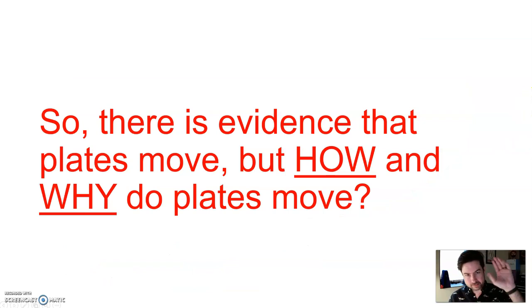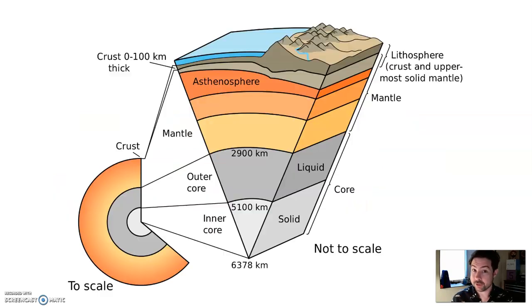So, again, there's evidence that plates move in the past and currently. But how do they move and why do they move? Well, in physics, we know that movement is caused by a force. So something is forcing these plates to move around. Well, in physics, a force is caused by an interaction. So something is interacting with the crust, the lithosphere, to break and move these plates around.